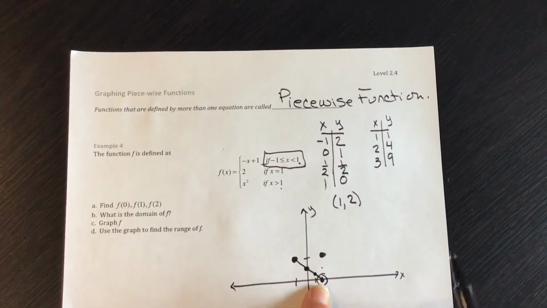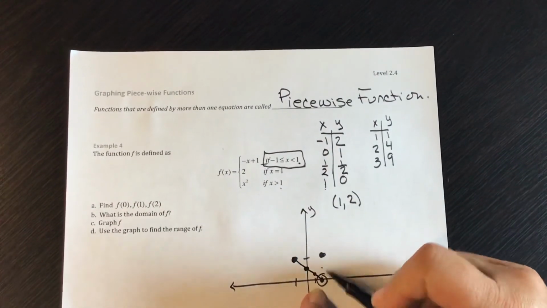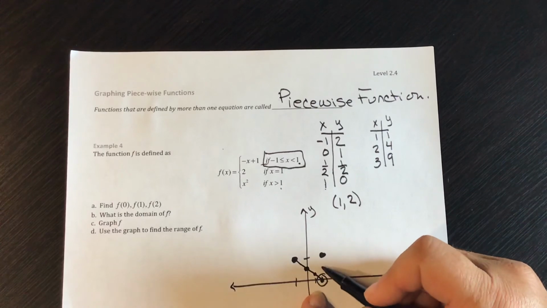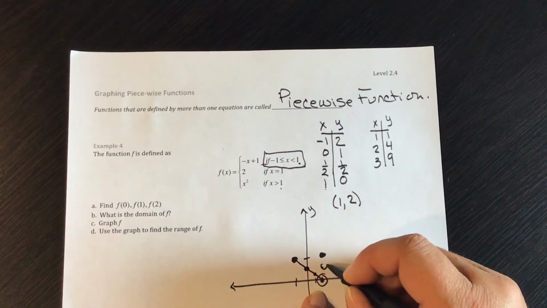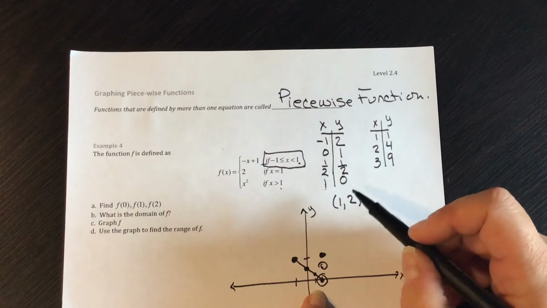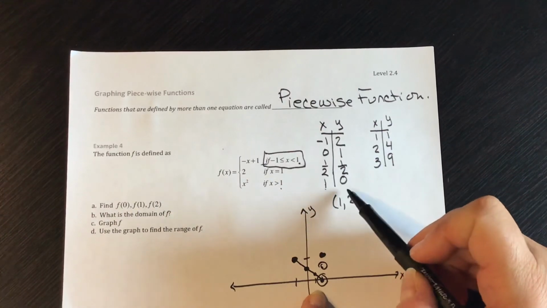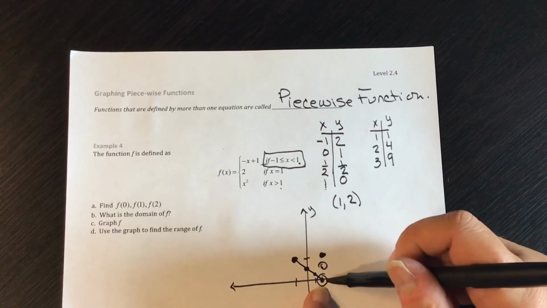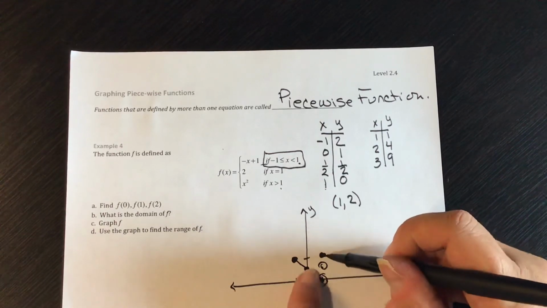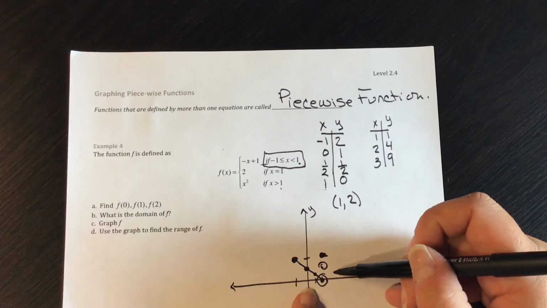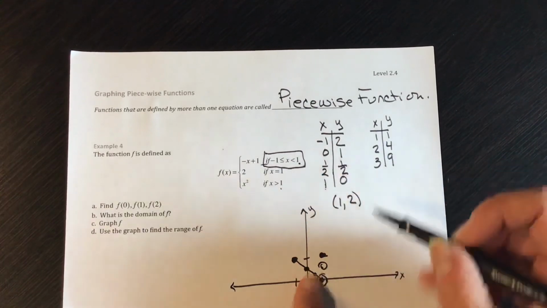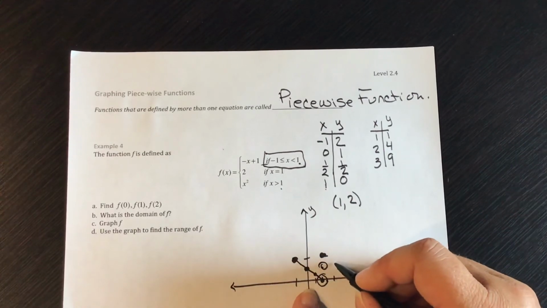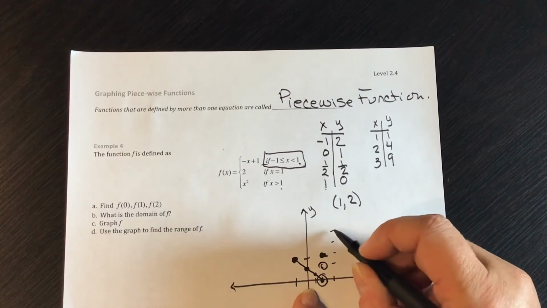If I plot these points, I have the point (1, 1), over 1, up 1, which is right here. Yes, this is (1, 1) right here, sorry. And then I have the point (2, 4). 1, 2, 3, 4.